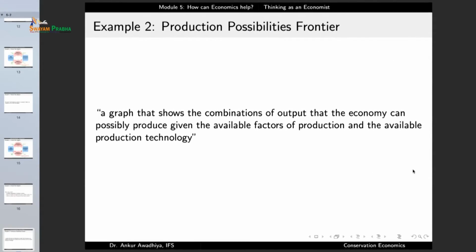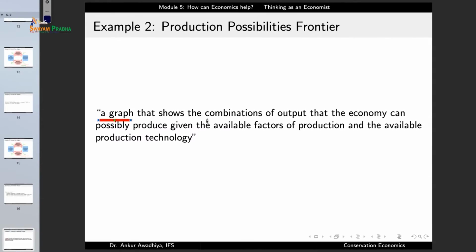Another model that we routinely make use of is the production possibilities frontier. The production possibilities frontier is a graph that shows the combinations of output that the economy can possibly produce given the available factors of production and the available production technology. So it is a graph or a chart. And what does it show?